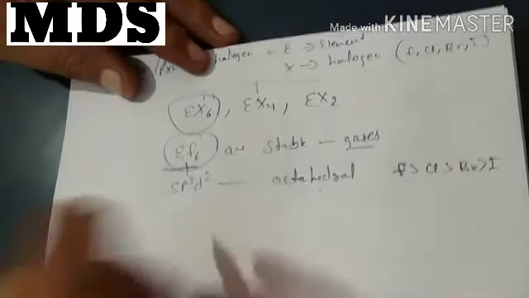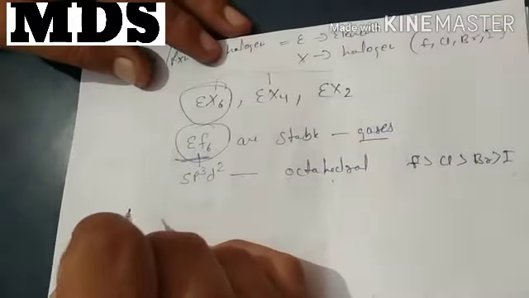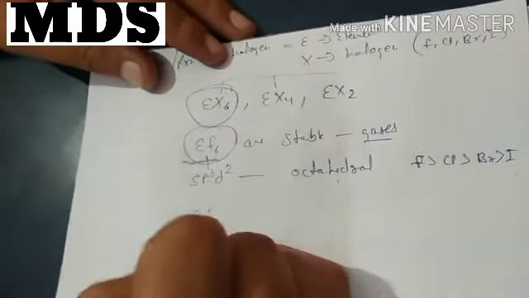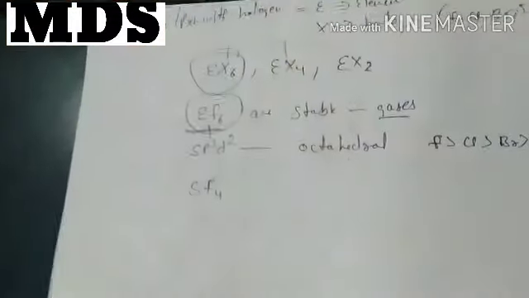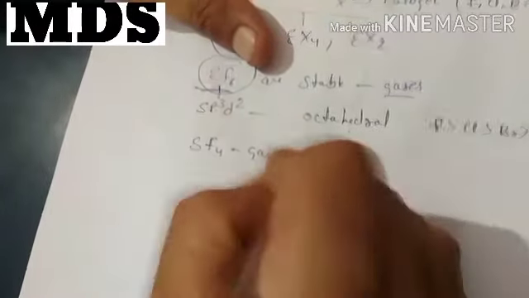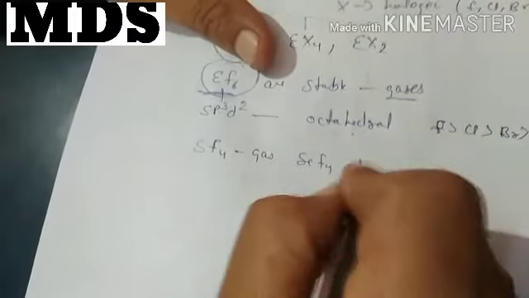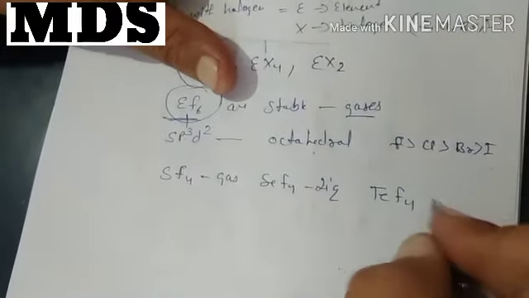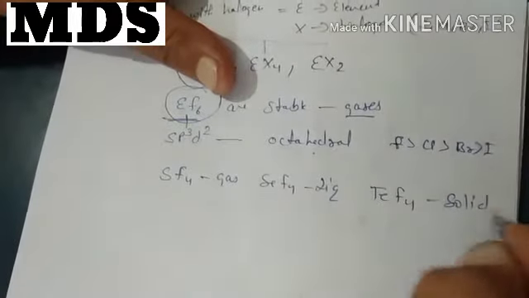But if you go for the EX4, like SF4, it is gaseous. Selenium fluoride is a liquid, while tellurium fluoride is solid in nature.